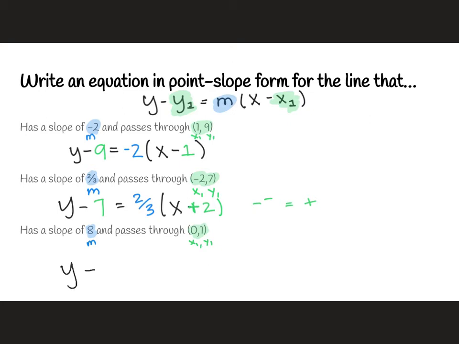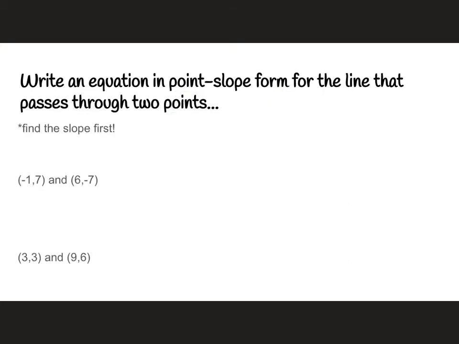Y minus y sub 1, which is 1, equals m times the quantity x minus x sub 1. Ta-da! Not so bad. I hope. Because it's just going to get a touch trickier.